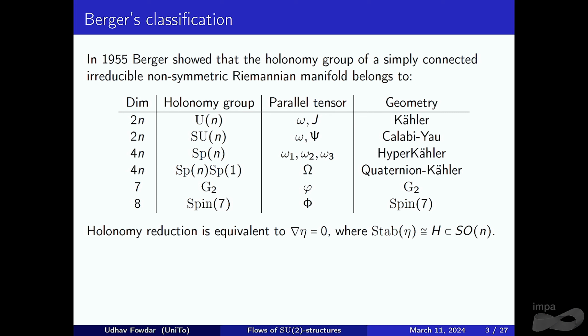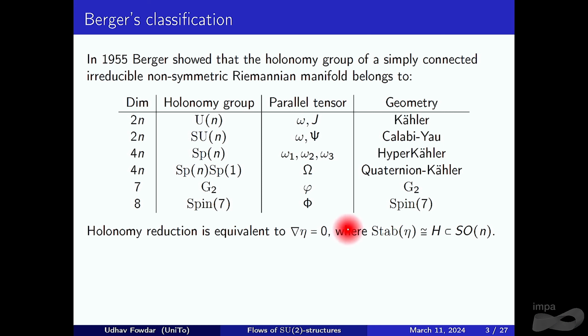That's because the stabilizer of these tensors under the action of GL(n,R) is already H. And because H is a subgroup of SO(n), that means that the tensor alone will determine the metric. And once you have the metric, you can compute the Levi-Civita connection out of that. And then the question, the holonomy reduction problem, is equivalent to the PDE that this tensor is covariantly constant.